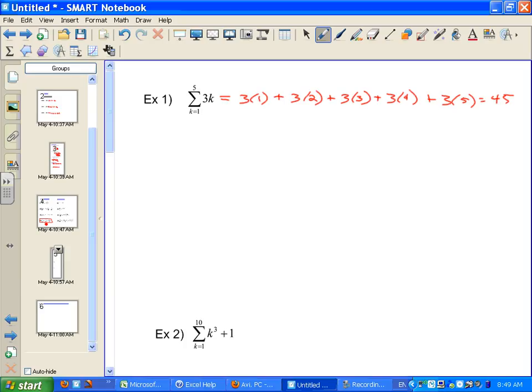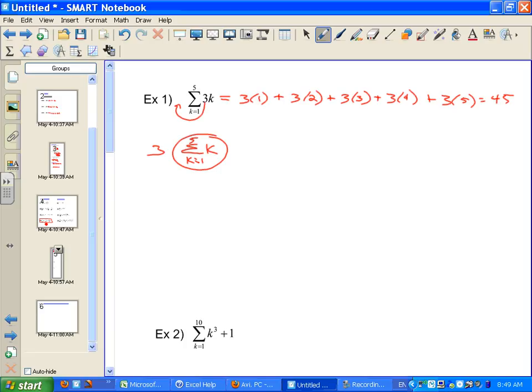What am I allowed to do? I'm allowed to bring this 3 out in front. So I can have the summation from k equals 1 to 5 of just k, and then whatever I get, I'm going to multiply it by that 3. That makes it a little bit easier.